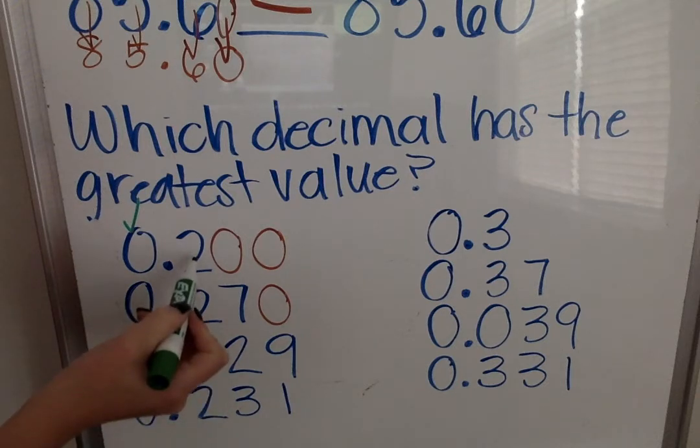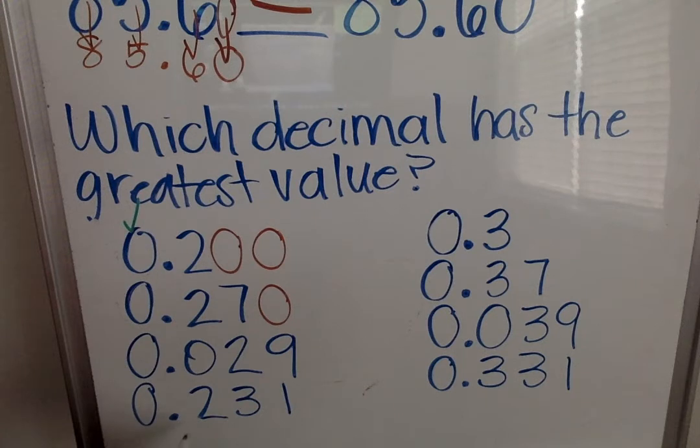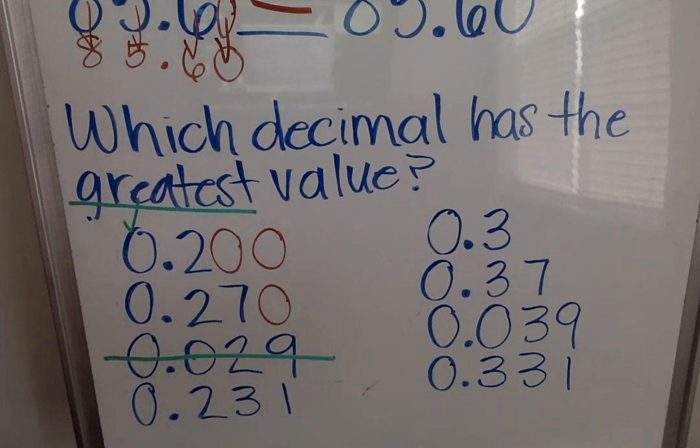In the tenths, I have 2, 2, 0, 2. Well, I'm looking for the greatest value. 0 is not going to be the greatest value, so I can go ahead and mark that number out, okay? And now I've got to go to my hundredths. I've got a 0, a 7, and a 3. Well, out of those three numbers, 0, 7, and 3, which number is the biggest?